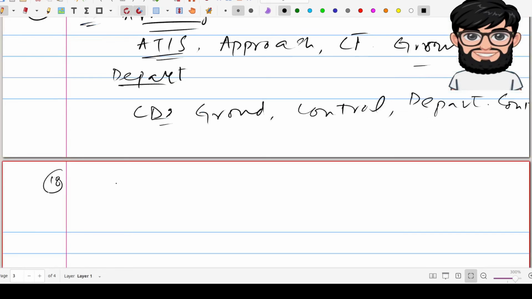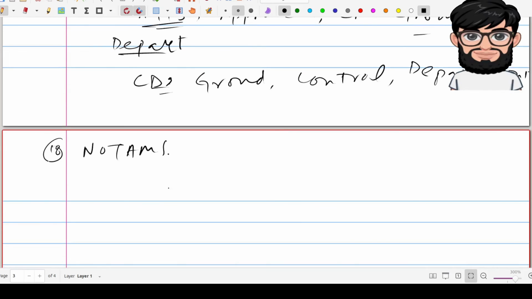Okay, what are NOTAMs? We briefly touched on that. These are the notices to airmen. They are time-critical aeronautical information of either a temporary nature or not known sufficiently in advance to permit publication on aeronautical charts.